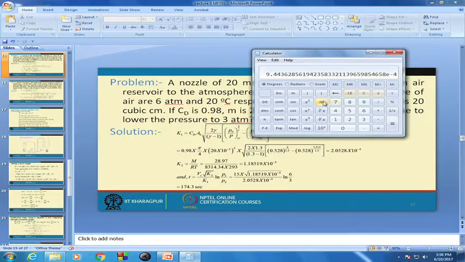So let us see the second part. Second part was 0.528 to the power 2 by 1.3, 2 by 1.3.